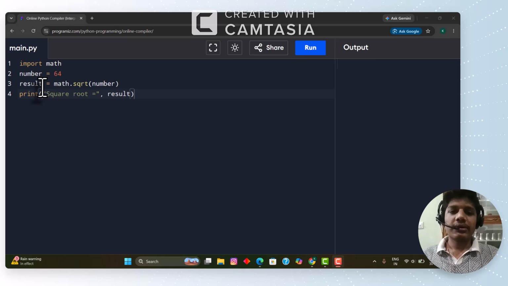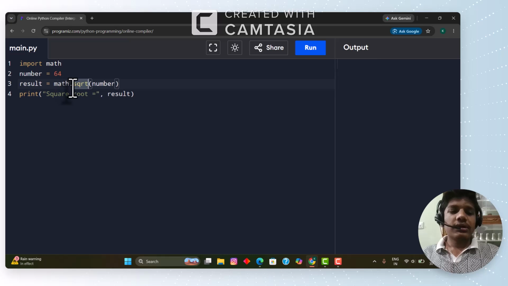Same as here, we have to import math first. After import math, we use math.sqrt, math.pow, like that. When you use the dot here, it means that this term, sqrt, belongs to the math module, so it works like a property.